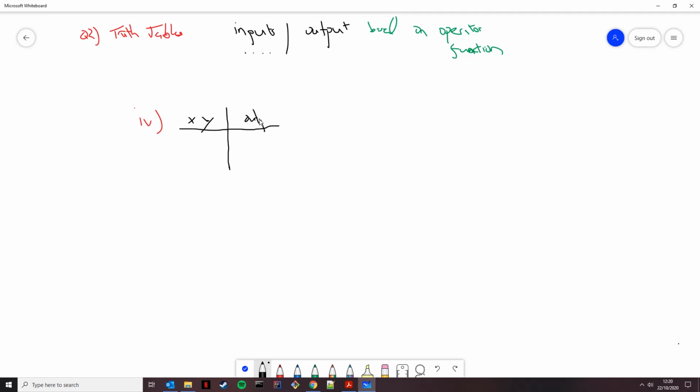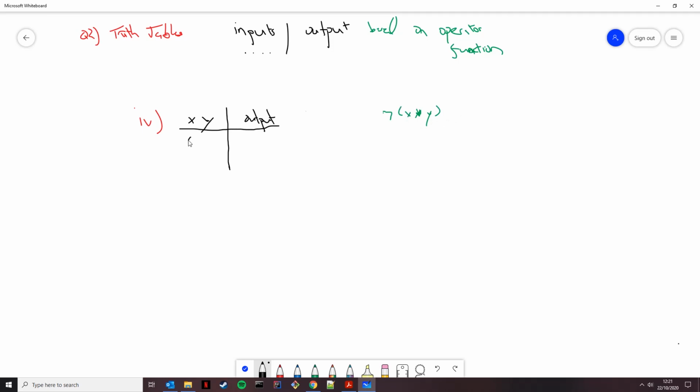Output is not X multiplied by Y. To do this, we can see X multiplied by Y is in brackets.